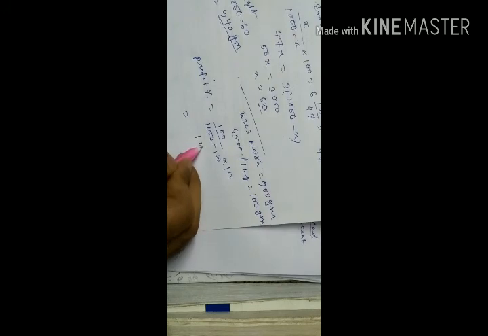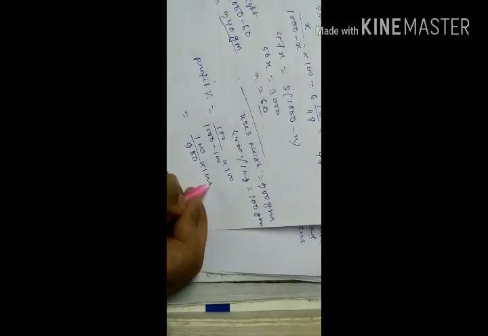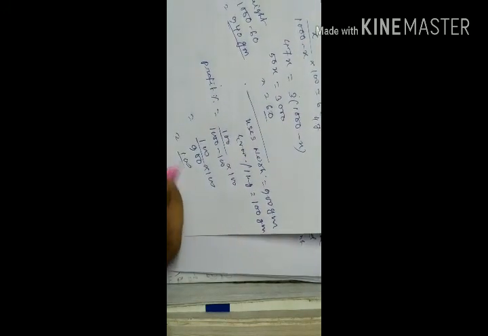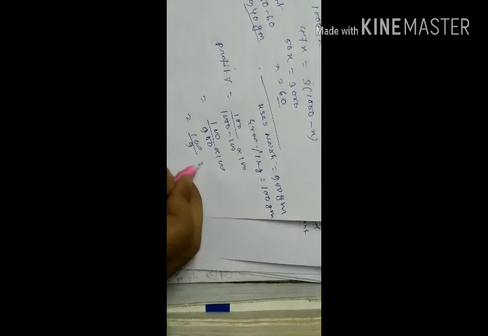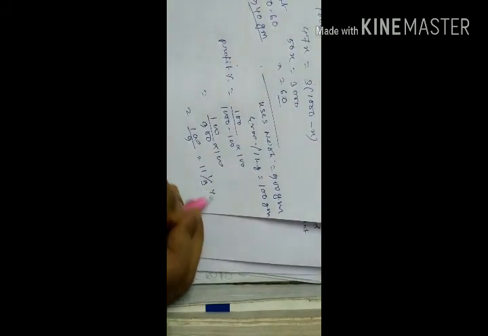That means 100 by 900 into 100, that is 100 by 9, that is 11 and 1 by 9%.